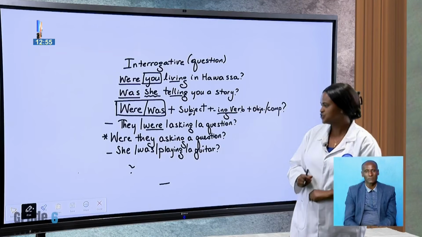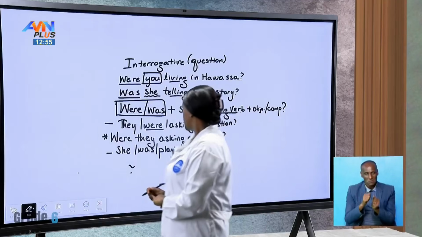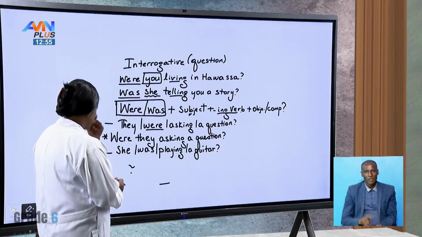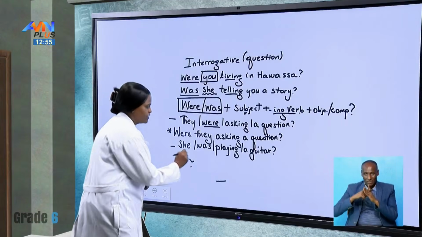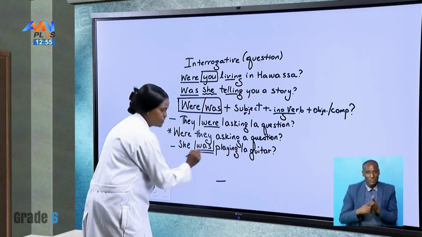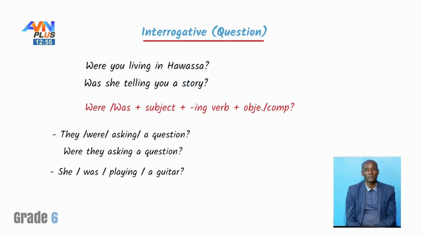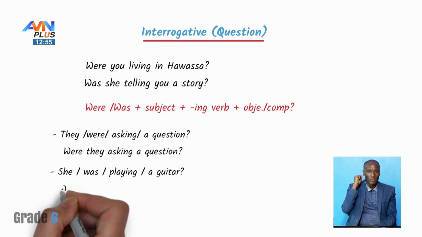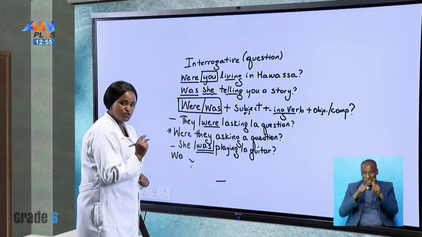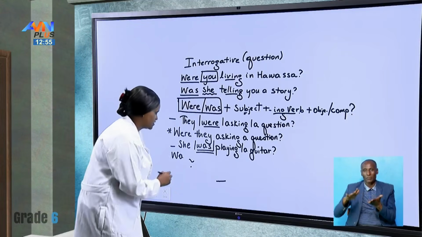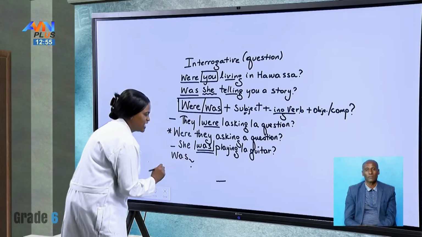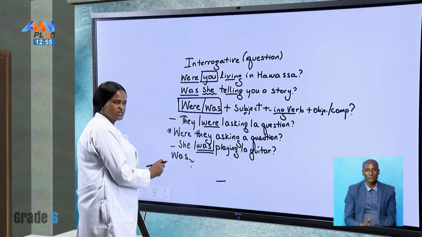All right, let's do it now together. Okay, so how should I start? Yeah, I have to start with the auxiliary was, right? Okay, was. Don't forget to always, when we begin a sentence, our word starts with what? Capital letter. Good. Was, yeah? Then what comes after was is what?